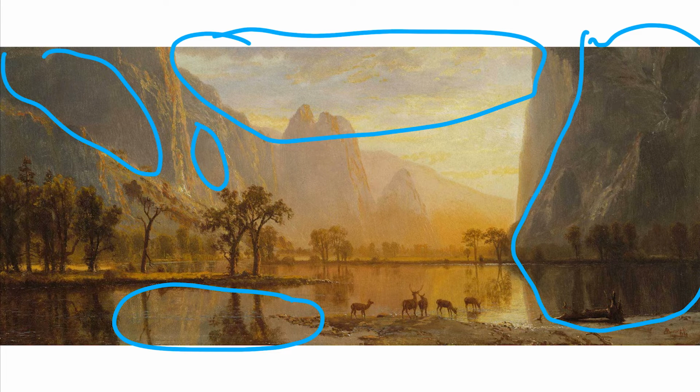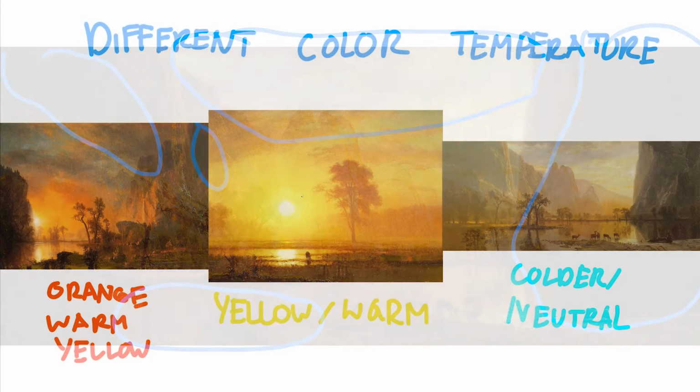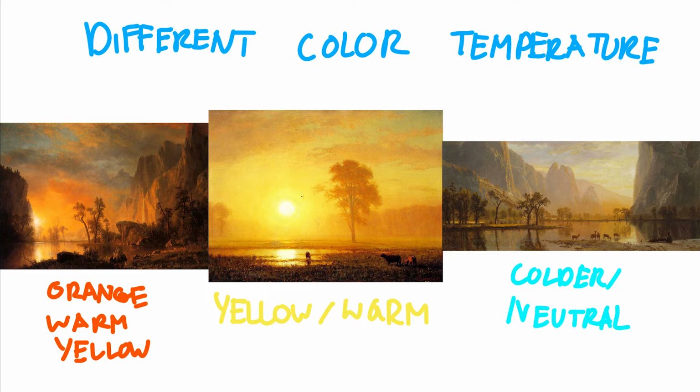We see the bluish green reflection in the left side of the river. And then also we see a bit of a hue and a tint of purple in the shadows of the mountains. So that's what makes this painting a lot cooler, but it does not mean that we don't have that nice sunset feeling anymore when we look at it.